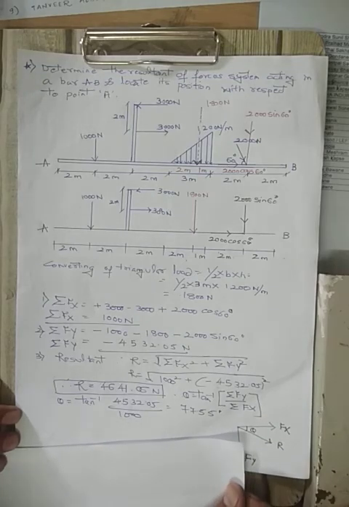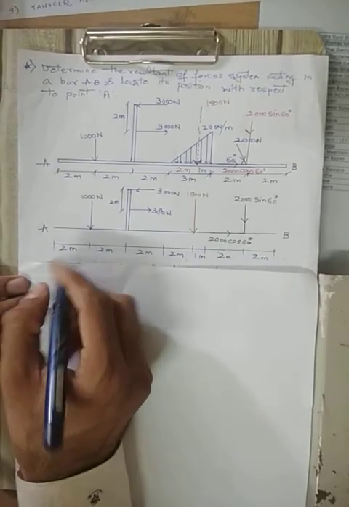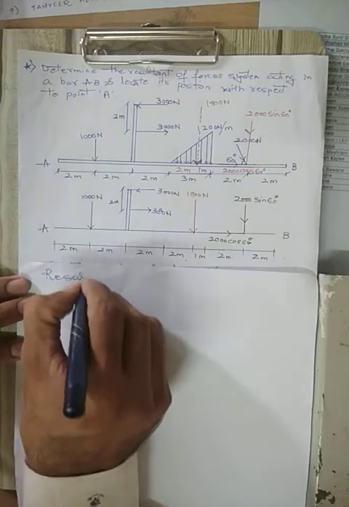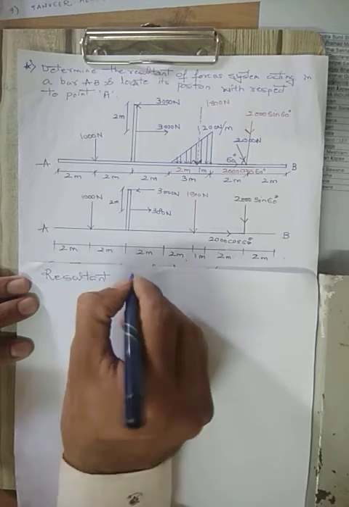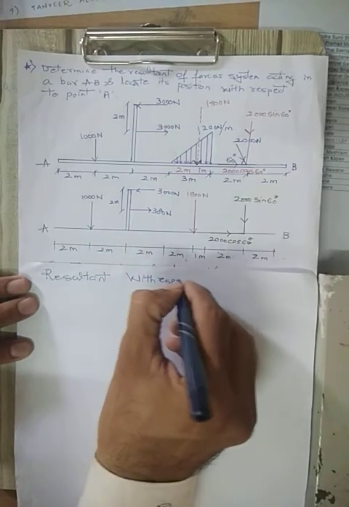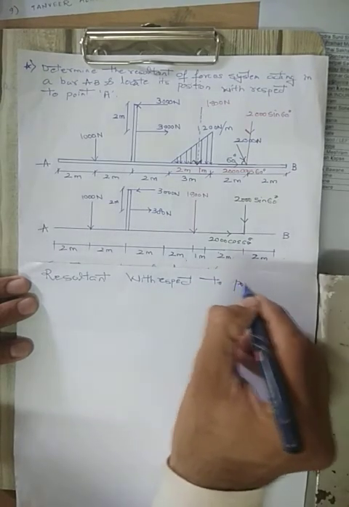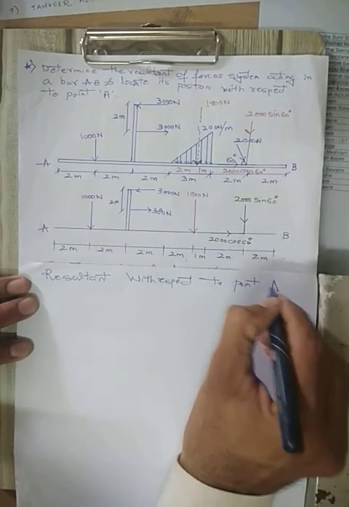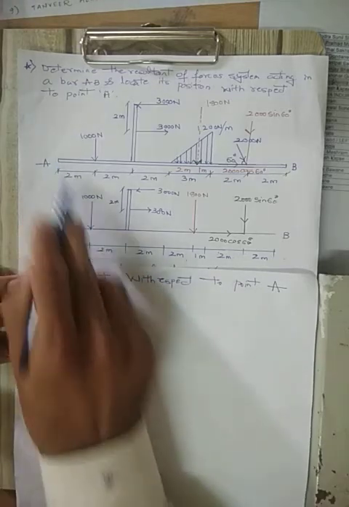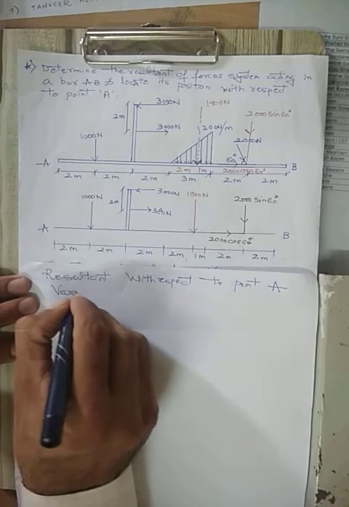Next we will find the resultant with respect to point A. That means we have to use the concept of Varignon's theorem for this. So Varignon's.